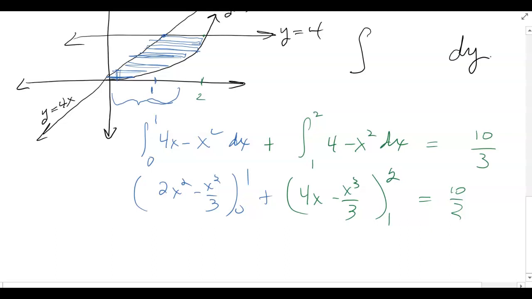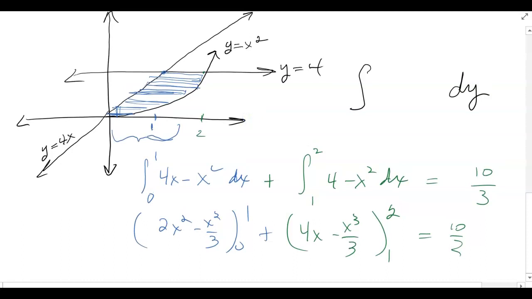Okay? But what does that allow us to do? In the same way that with the x-axis you always take the upper function minus the lower function, when you're integrating with respect to y, you need to take the rightmost function minus the leftmost function. Well, that's this function, y equals x squared, minus y equals 4x.